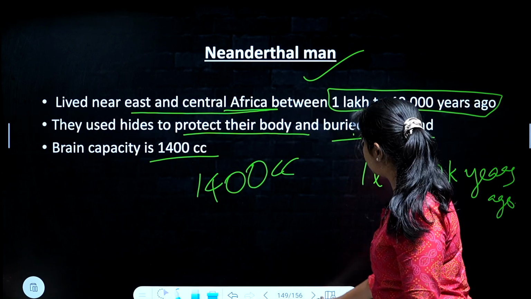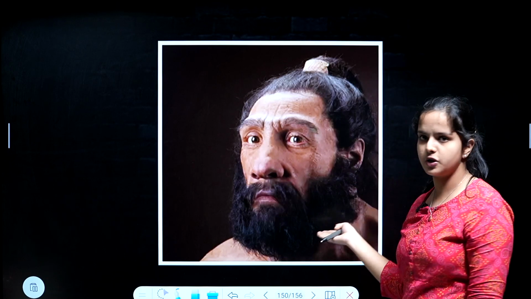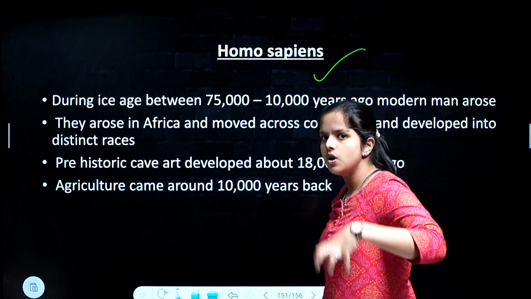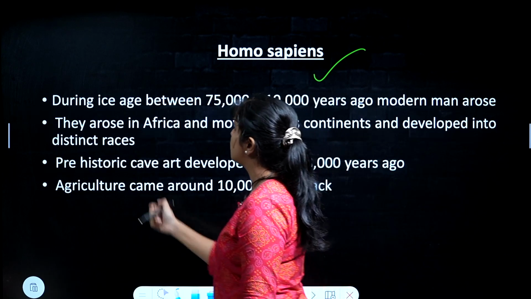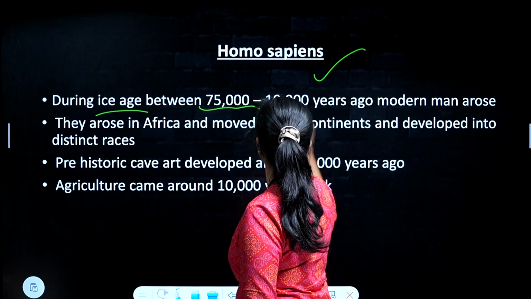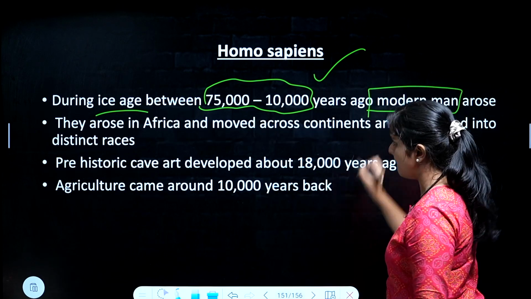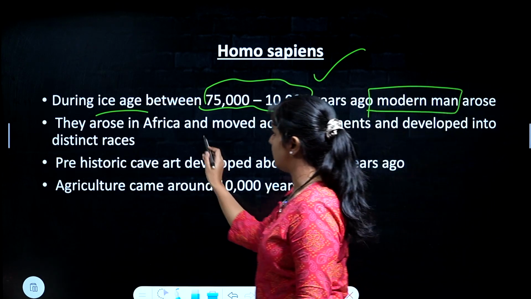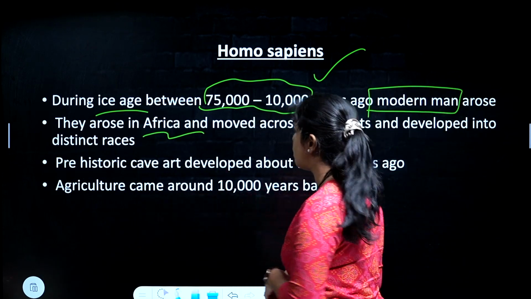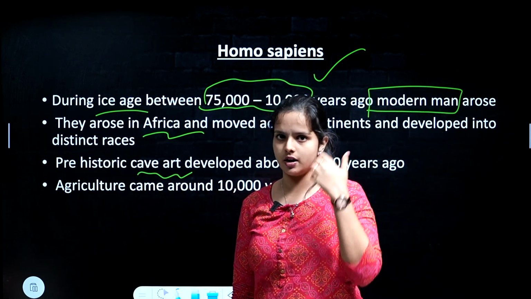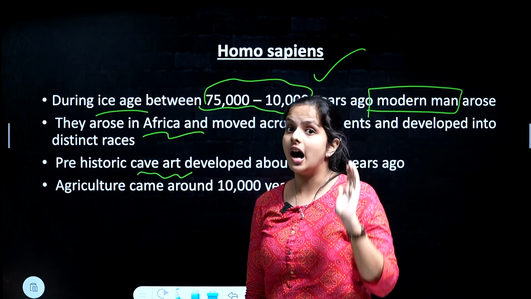Okay, so this is a picture of a Neanderthal man, and then comes the Homo sapiens, the humans that you actually see now. They arose during the Ice Age between 75,000 to 10,000 years ago. They're also known as modern man. Okay, they also arose in Africa and moved to different places later on. Cave art developed during this time, because of course we are the people who are mad with art, right?